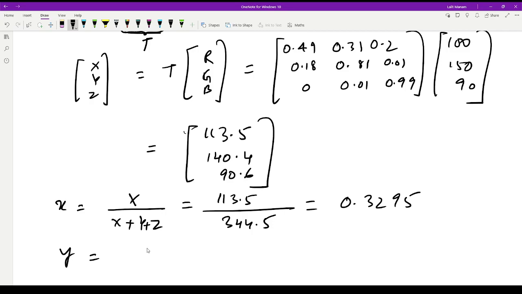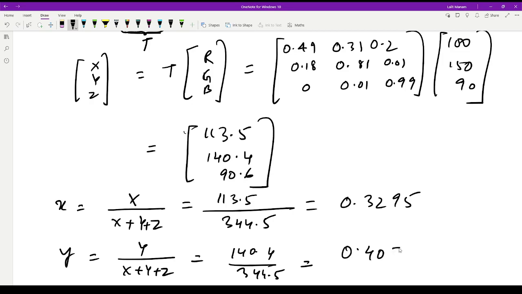And for y, we just need to take the Y channel and normalize it with the sum of all the channels, which is 140.4 over 344.5. This turns out to be nearly 0.407. Hopefully it's right.